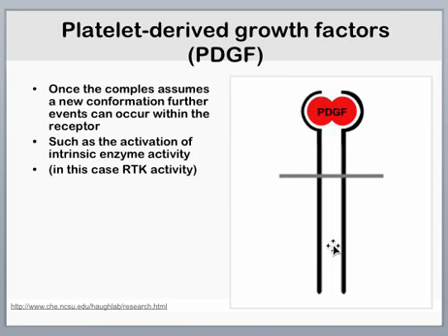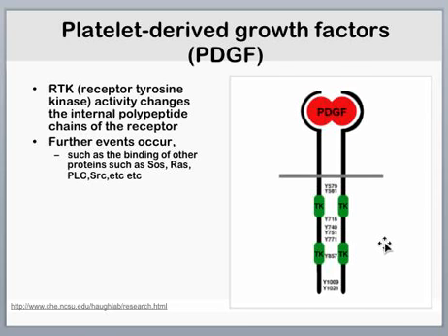And when these 2 chains are brought together, it effectively activates the kinase activity. So here I'm showing the intrinsic kinase activity that exists within these polypeptide chains. When they're brought together, there's a conformational change. The tyrosine kinase activity is activated, and that is propagating the signal now.